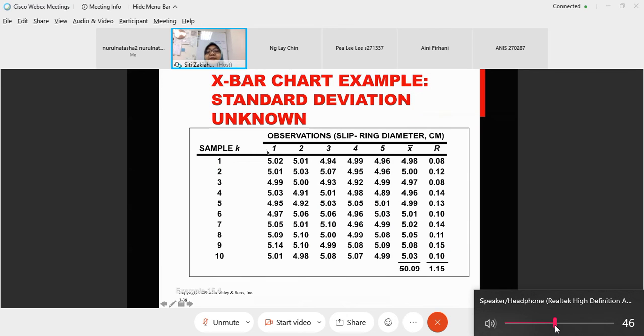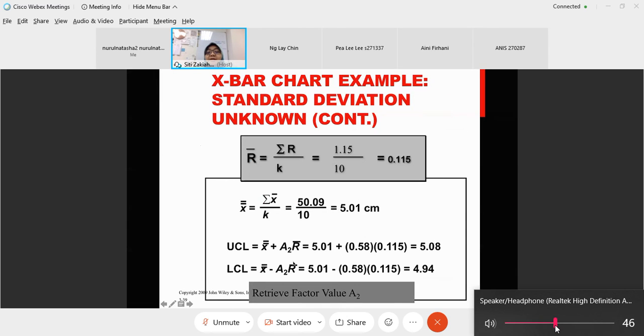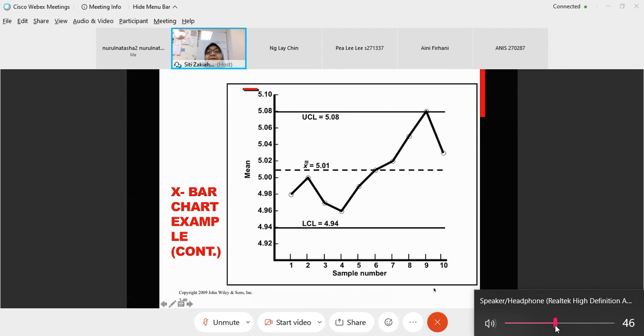This is N. This is K, right? It's different from the X bar chart, right? So 5.01 plus 0.58 times 0.115, or 5.01 minus 0.58 times 0.115. Then you get the upper control limit and the lower control limit. Okay, look at this.